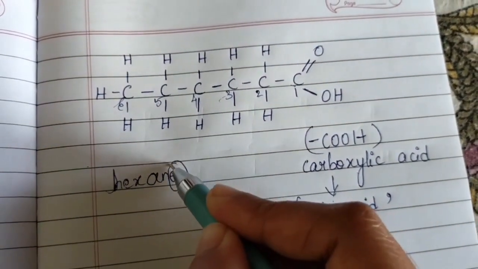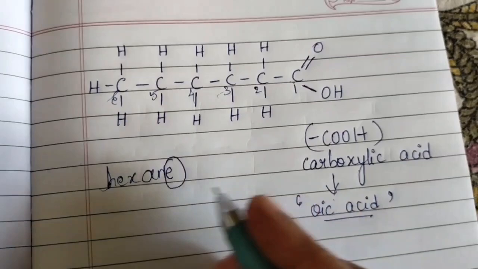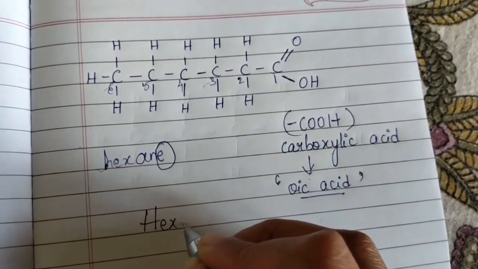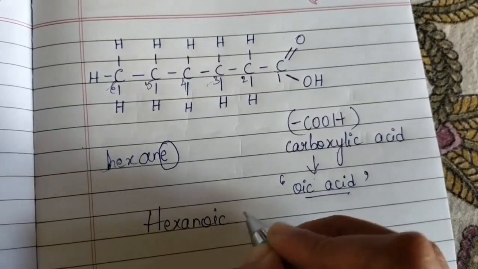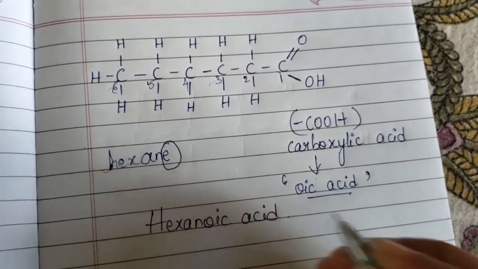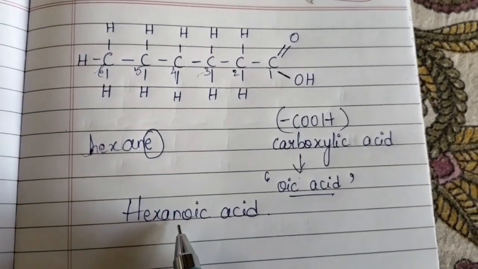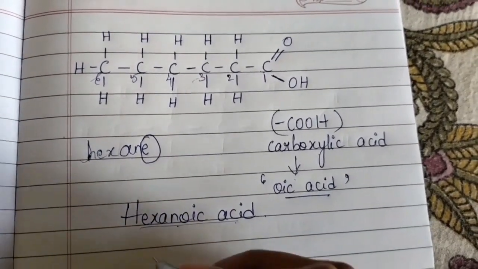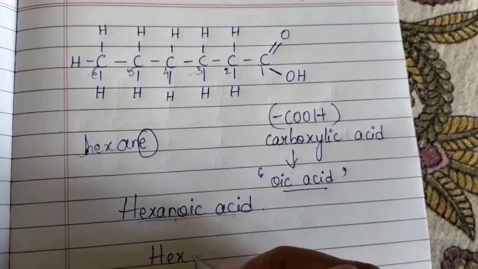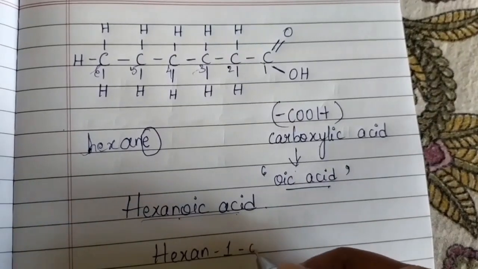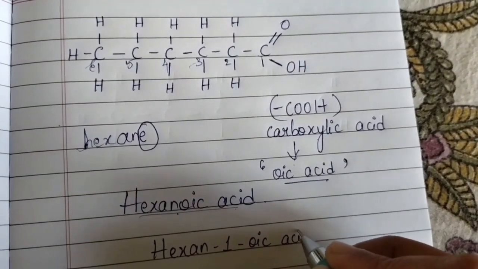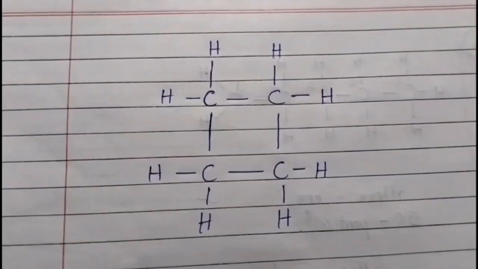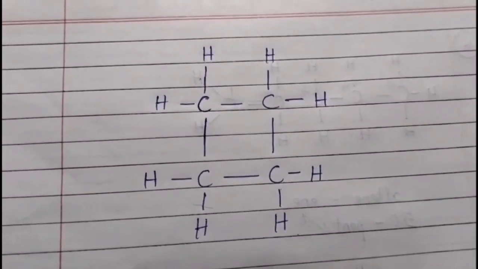So you have to replace the E over here with oic acid. So the name of the compound becomes hexanoic acid. You can either name it as hexanoic acid or you can write it as hexane-1-oic acid. So this is the next example.